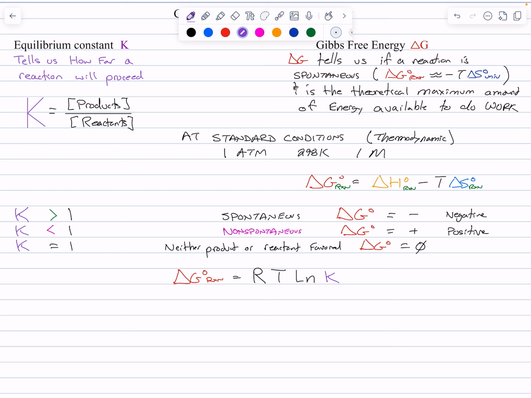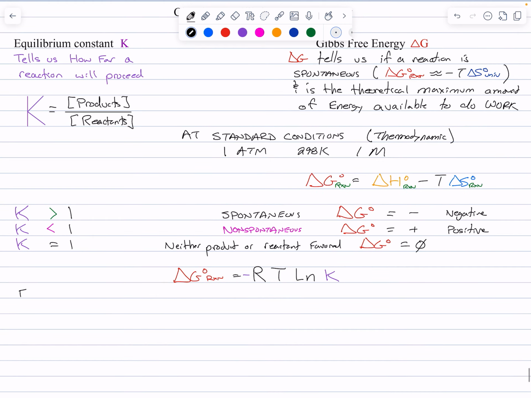If it's a small number, it's reactant favored. Because if K is big, this is actually a positive number, but delta G needs to be negative, so the actual formula is negative RT ln K. So that's for standard conditions.